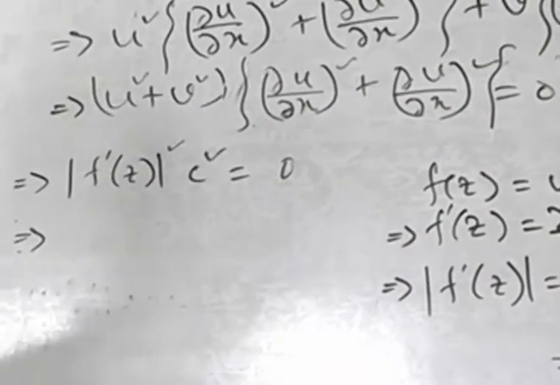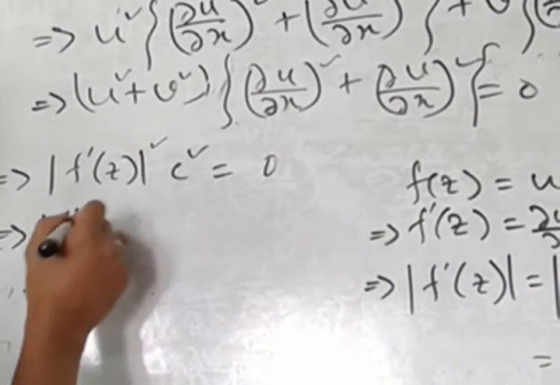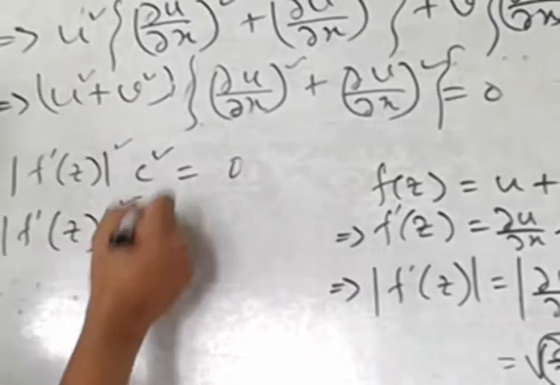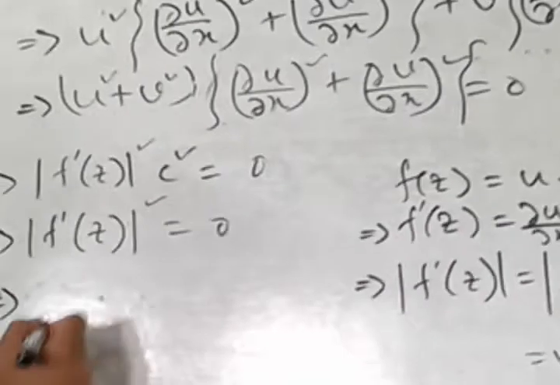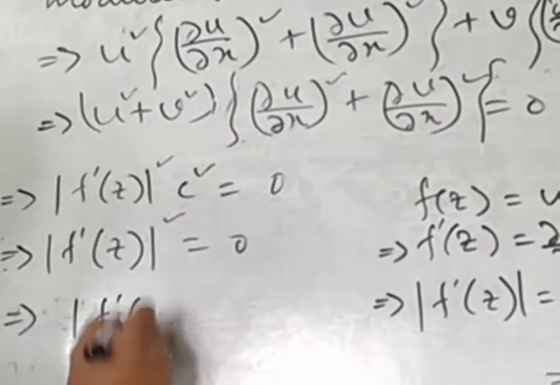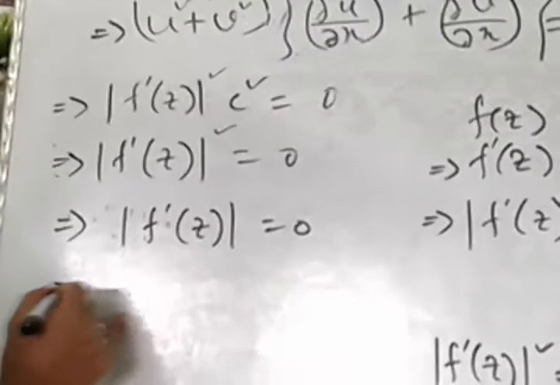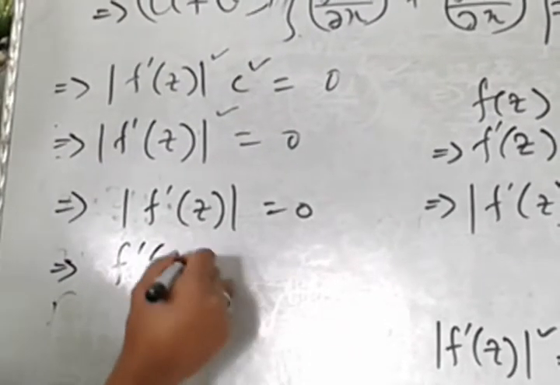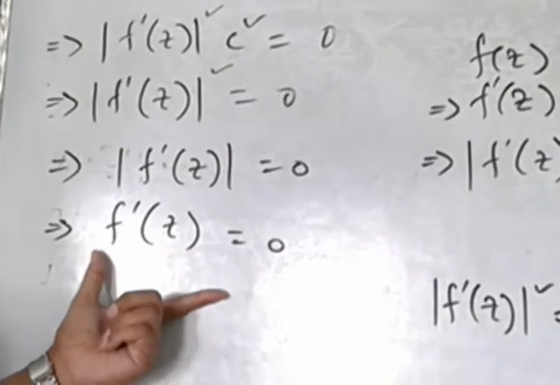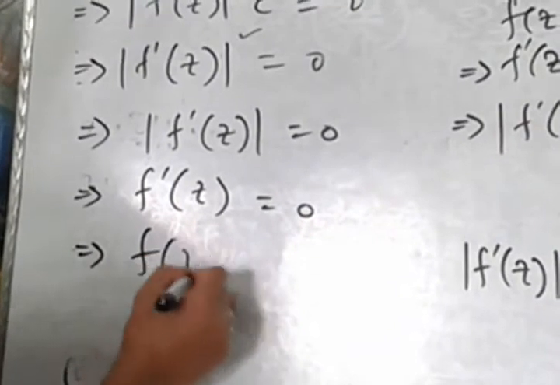Since c square is the constant, we can write down f prime z square is equal to 0. This implies f prime z is equal to 0. That means f prime z is equal to 0. And now by integrating this equation, we can write down f(z) is equal to c.